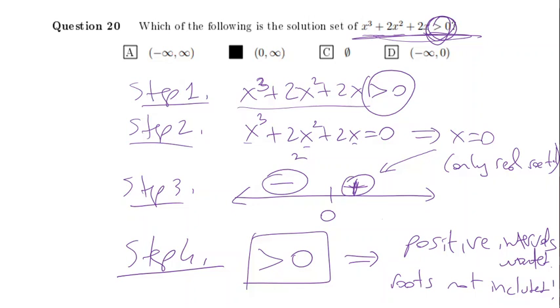So where is this positive interval? It's here, and 0 is not included, so it has to be 0 to positive infinity. So it's this.